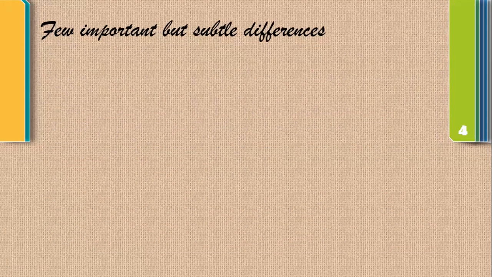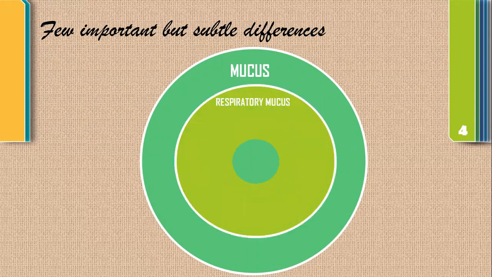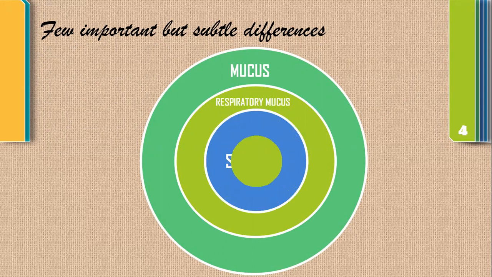This will be clarified more on this slide. If we consider this large green circle to be mucus, then under it comes respiratory mucus, and under respiratory mucus, excluding the nasal mucus, comes sputum. So this is the difference between mucus, sputum, as well as saliva. Saliva doesn't come under this circle.